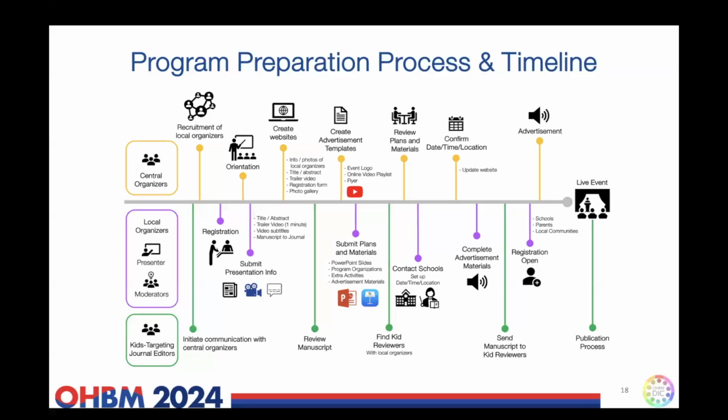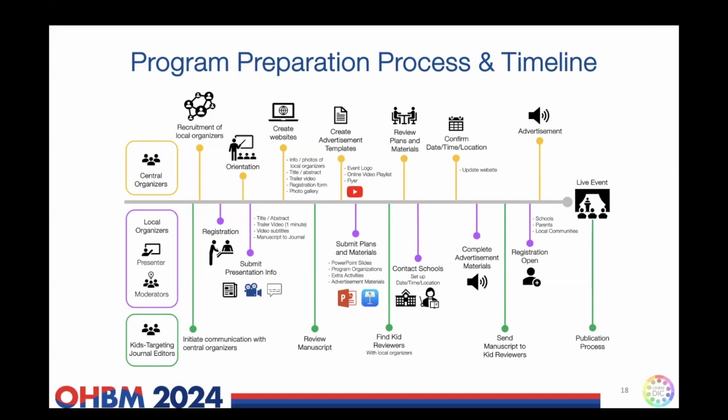This is an overview of the program preparation process and the expected timeline. Three components: central organizers, local organizers, and the journal editors, like Frontiers for Young Minds, have to work together systematically to reach the goal. From the recruitment of local organizers, communication between them, we do the registration to recruit the local organizers, provide orientation, and we create websites for them.